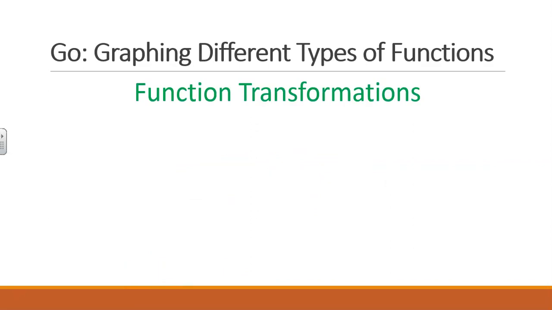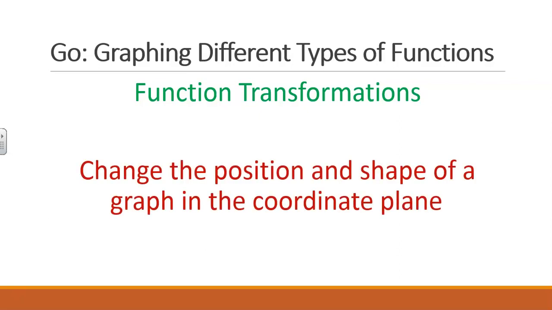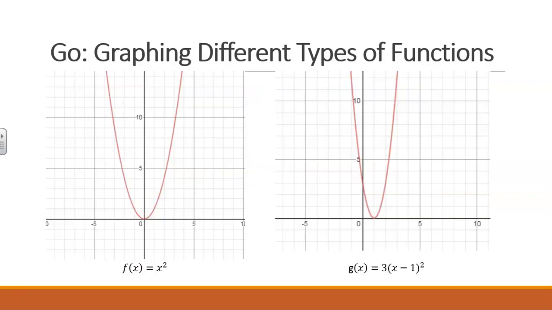You have learned about function transformations in your previous math classes. Transformations including shifts, dilations, and reflections change the position and shape of a graph in the coordinate plane. Consider, for example, the original f of x equals x squared function and the transformed graph g of x equals 3 times the quantity x minus 1 squared.